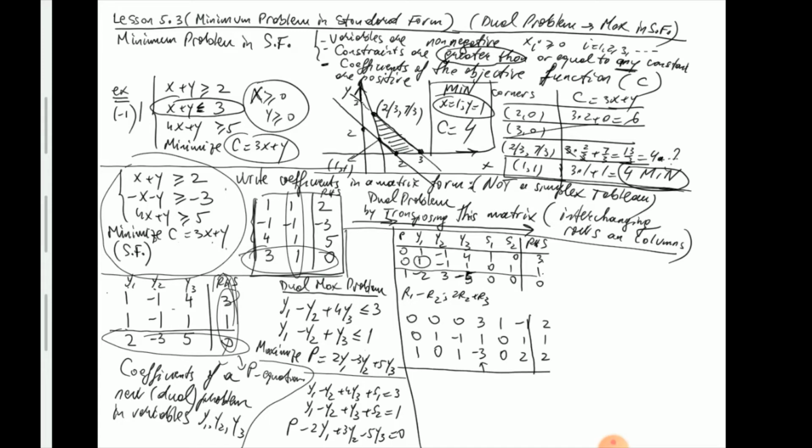Over here, the minimum ratio is, let's see, 1/1, 2/3. So that's going to be the pivot. Let's see, we divide by 3 first to make it 1.